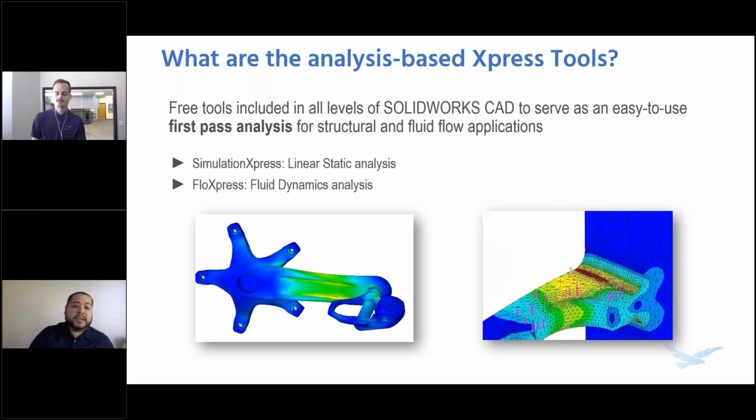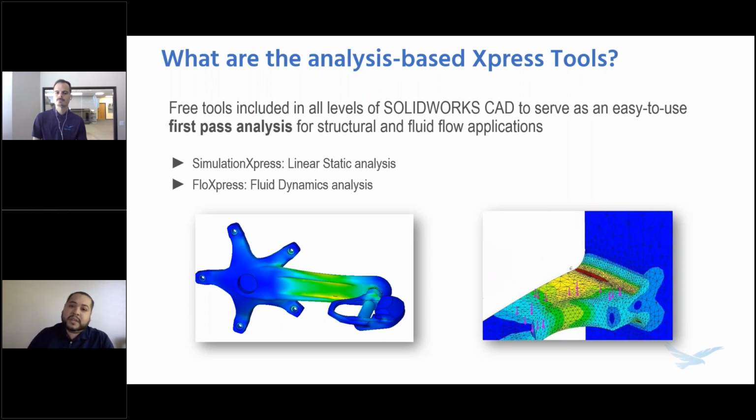So SimulationXpress is intended more for your structural analysis to see how strong your components are. And your FloXpress is more related to fluid dynamics, where you're trying to see how the interaction of your fluid is going through your system. Now, like I briefly mentioned, this presentation is a little bit more intended for your SolidWorks Standard and Professional users, mainly because the Express tool is the only option that you have in utilizing some sort of analysis tool to check for strength.